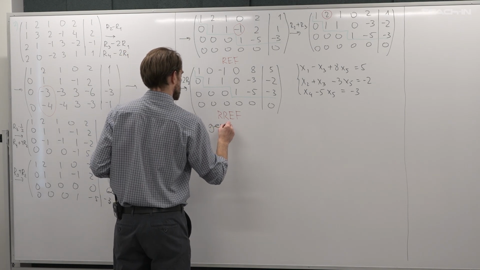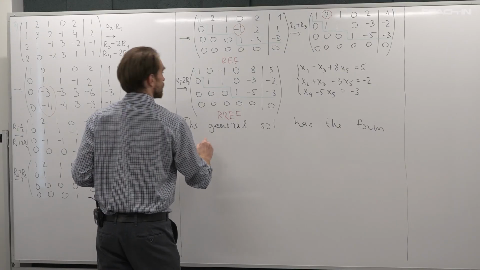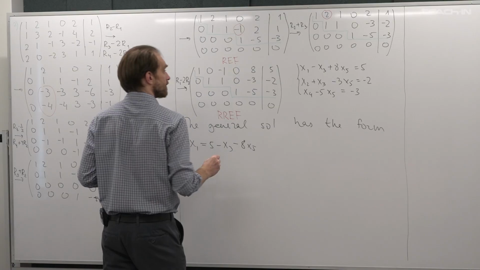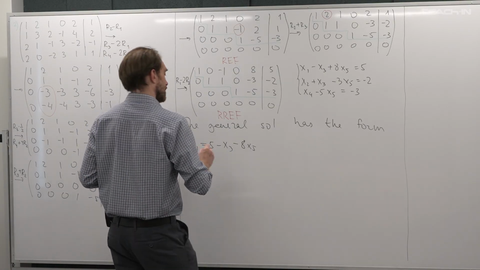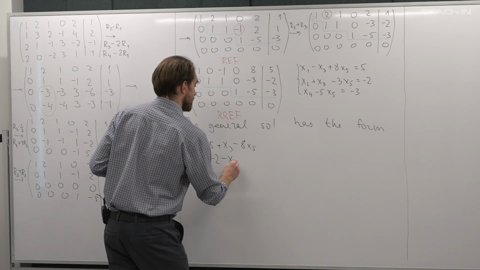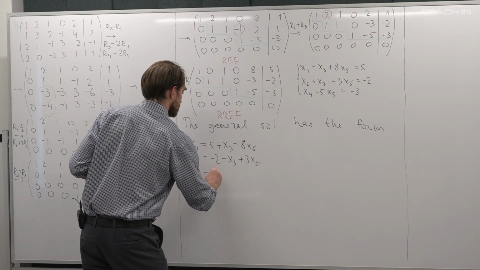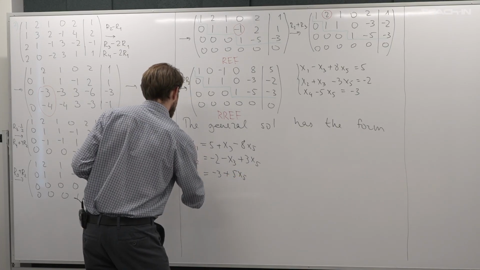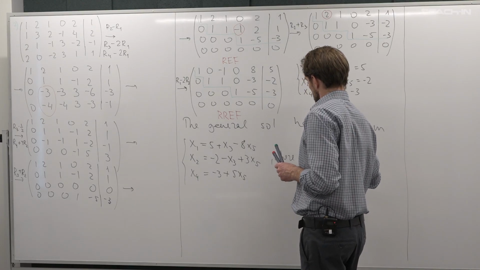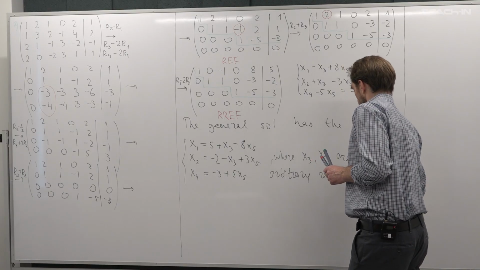So the general solution has the form, so x1 equals 5 plus x3 minus 8 times x5, then x2 equals minus 2 minus x3 plus 3 times x5, and x4 equals minus 3 plus 5 times x5, and here x3 and x5 can be arbitrary. They are arbitrary real numbers.